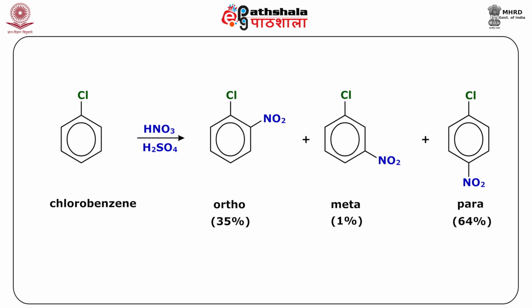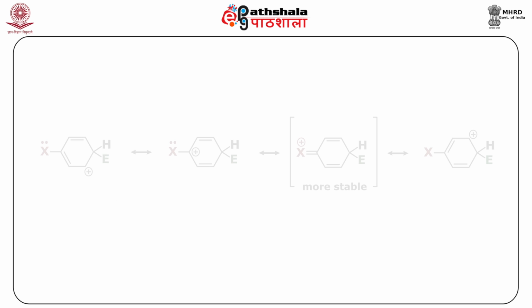To justify these effects, consider the properties of the halogens. These are powerful electron withdrawing elements in the periodic table, that is, they are very electronegative and they show a strong minus I effect, thereby deactivating the ring for electrophilic attack.